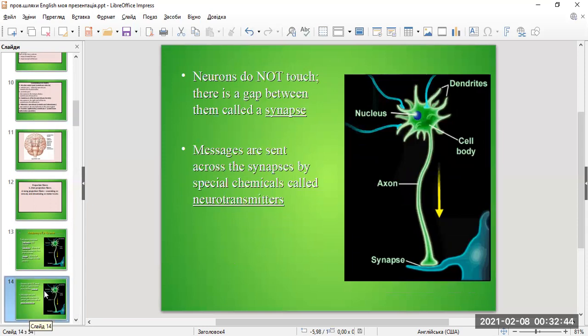Neurons do not touch. There is a gap between them called a synapse. Messages are sent across the synapses by special chemicals called neurotransmitters.